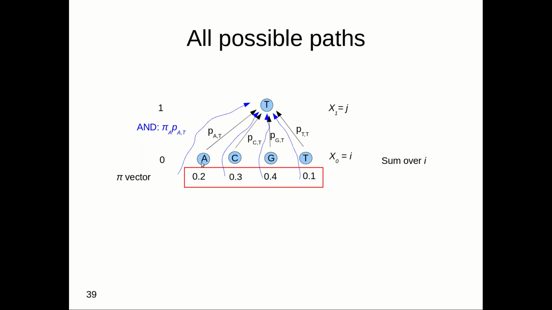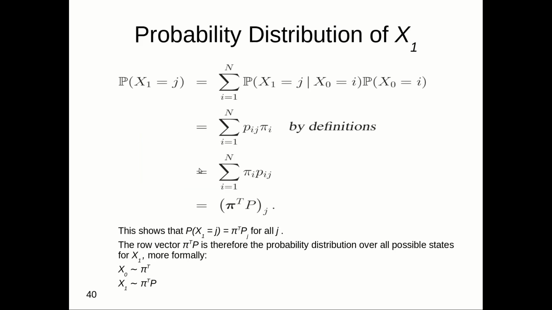This must have happened with 0.2 probability, and then this transition must have happened with a transition probability from A to T here. Okay, and so what's the probability distribution then of x1?